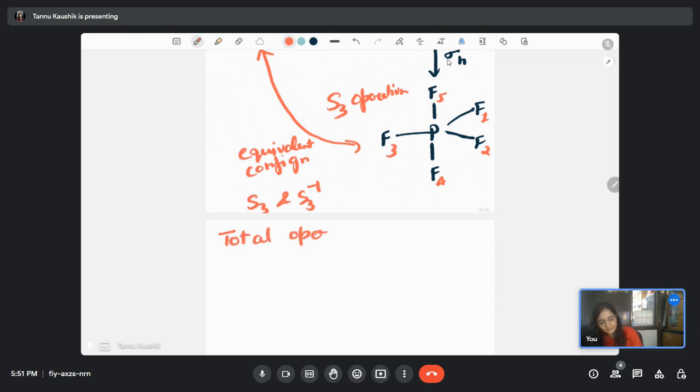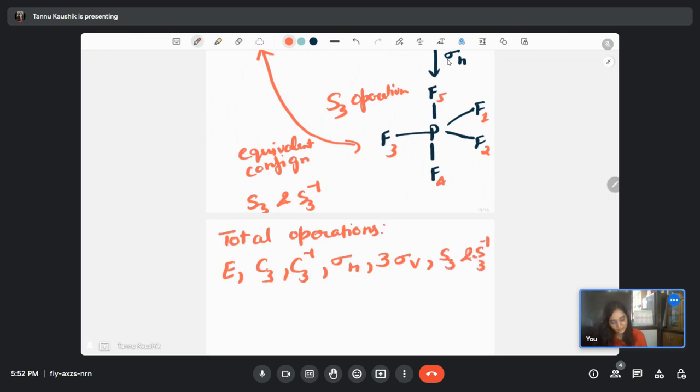So the total operations here are identity operation, C3, C3 inverse, sigma H, and we have sigma V also, 3 sigma V, S3 and S3 inverse.